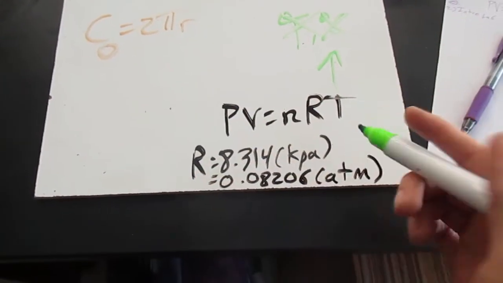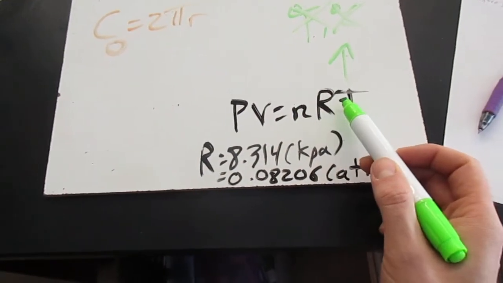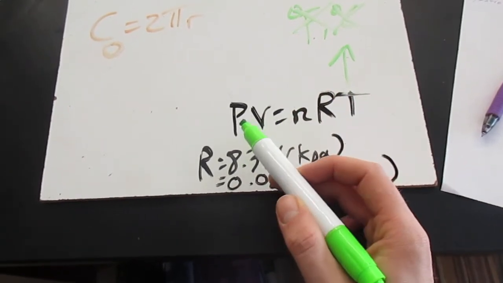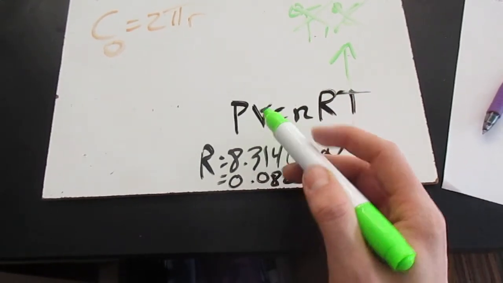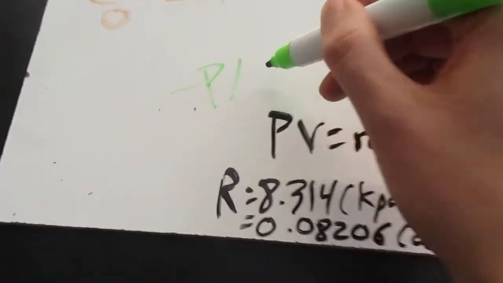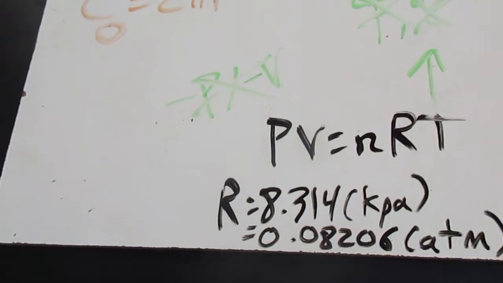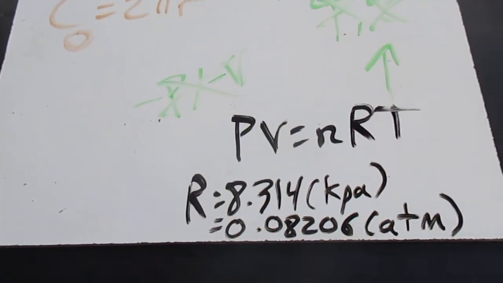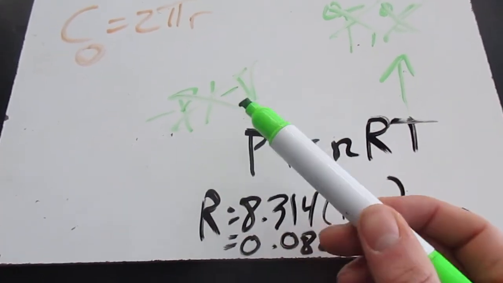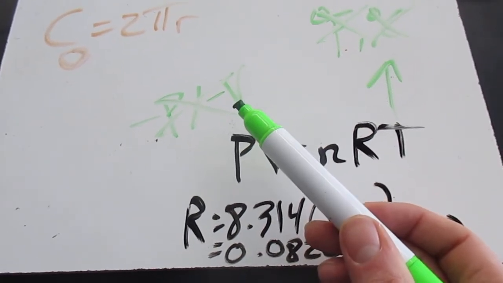You either have it or you don't. So if this is negative, this whole thing is negative, which means one of these is negative. And negative P and negative V don't exist. You can't have negative pressure and you can't have negative volume. You can't negatively push on something and you can't take up negative space.